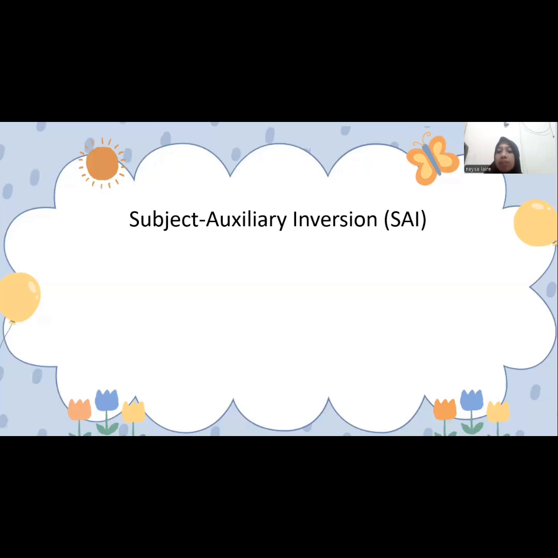Negative adverbials fronting: never have I seen such a cause. Conditional inversion: should you need help, call me. Agreement structure: so do I, or neither did he. Comparative inversion: better was the sequel.